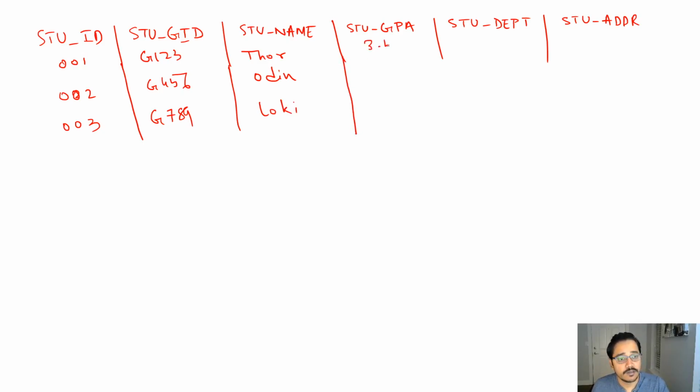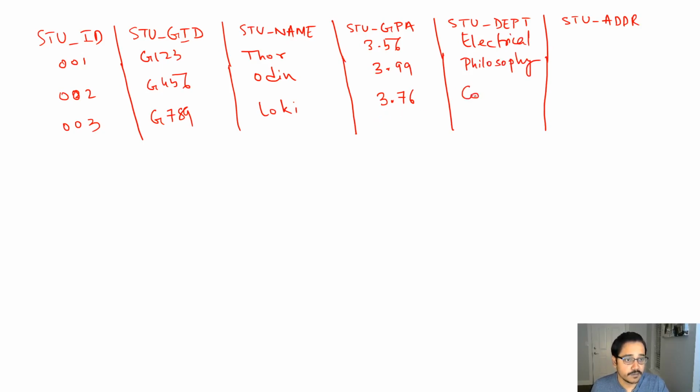And let's just give 3.56. He's the Allfather, so let's give him 3.99. And the trickster, let's just somehow make sure that he is always better than Thor. So 3.76, right? And the departments could be electrical engineering, right? And then philosophy. I don't know. What would Loki be?